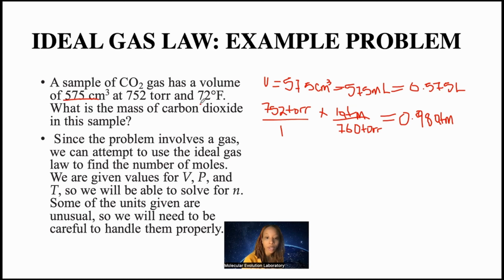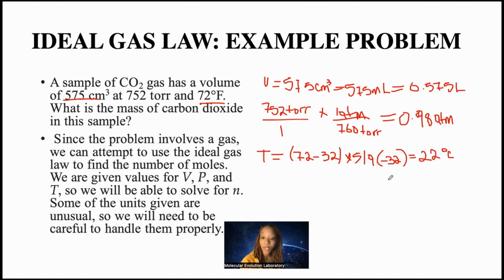We will also have to convert to Kelvin. To convert from Fahrenheit to Celsius, temperature would be equal to 72 Fahrenheit, minus 32, times 5/9. And this basically gives us 22 degrees Celsius.